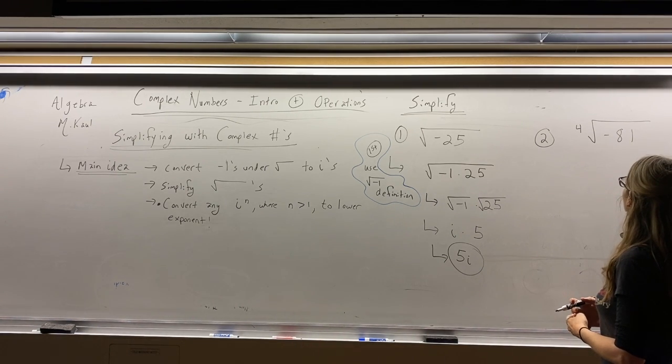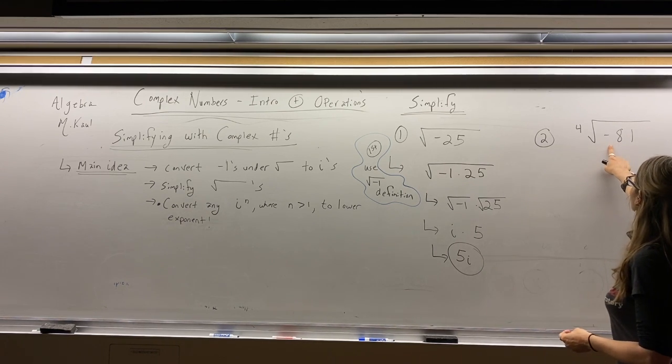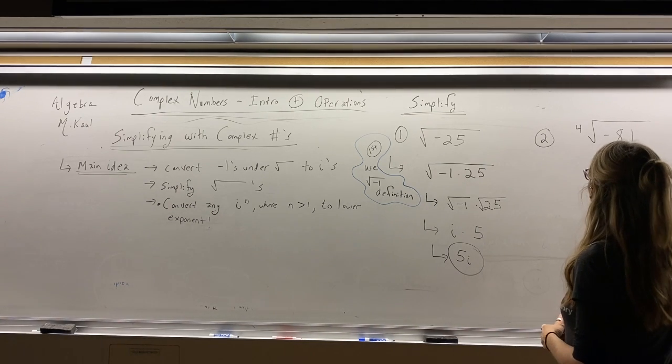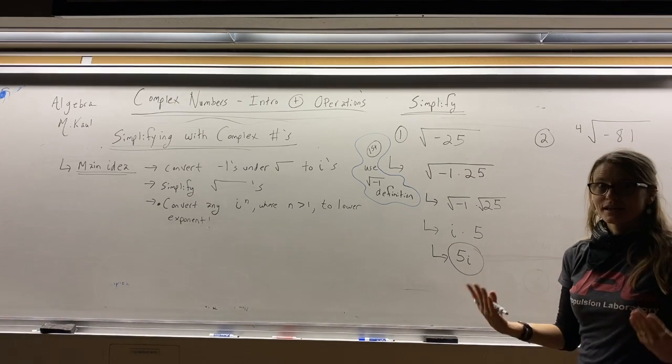So what I need to do is make this the -1 times the 4th root of 81. So the 4th root of -1 is also going to be -1.